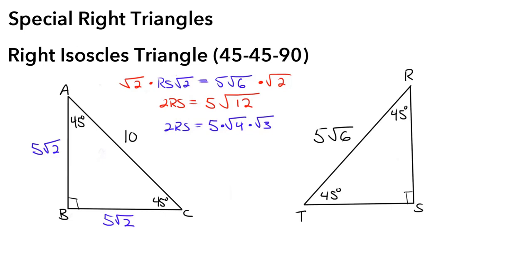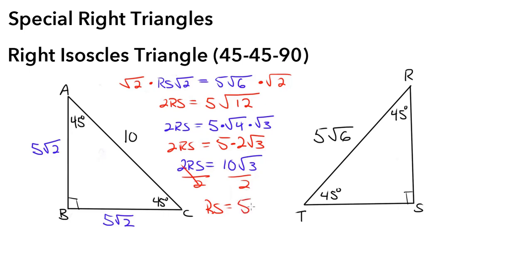And then I could simplify this because I know what the square root of 4 is. It's 2. So this becomes 5 times 2 radical 3, and 5 times 2 is 10. And finally, to solve for RS, I just need to divide by 2. And so we see here that side RS measures 10 radical 3 divided by 2 is 5 radical 3.